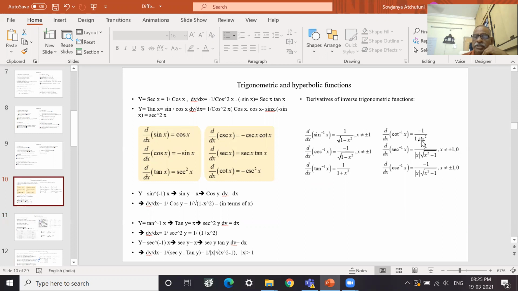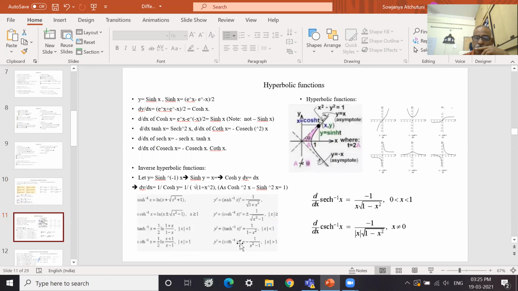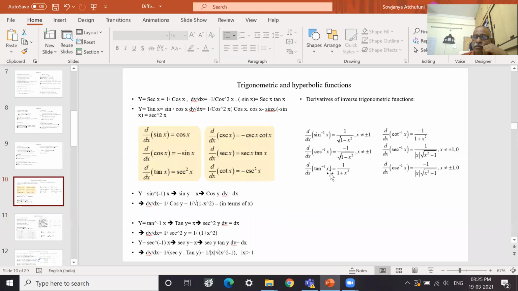Minus 1 by 1 minus x squared is coth inverse x. Both are the same, so 1 by 1 minus x squared is the derivative of tanh inverse x and of coth inverse x.